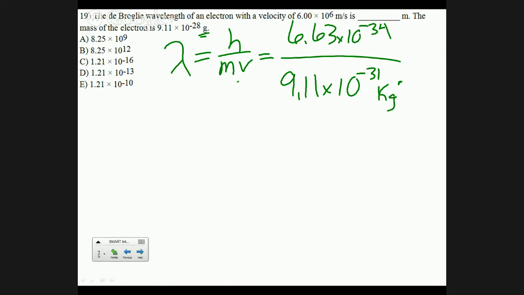Times the velocity in meters per second, so 6 times 10 to the 6 meters per second. So now it's just plug and chug using a calculator correctly, and you should get answer E. They put answer D because it is almost the same thing, and if you forgot to convert grams to kilograms, that's what you would have got, but you would have been wrong.